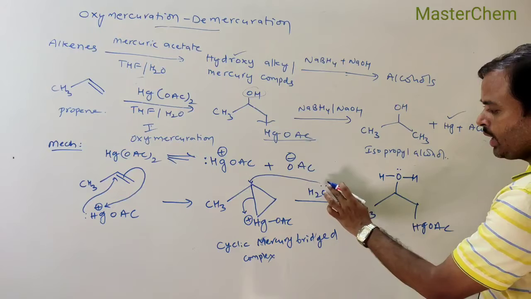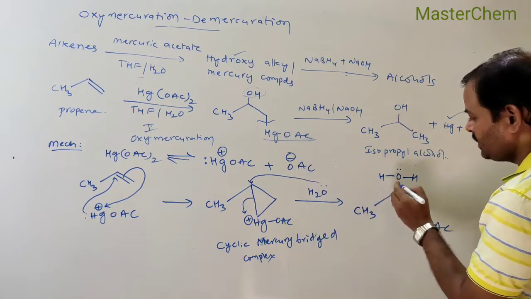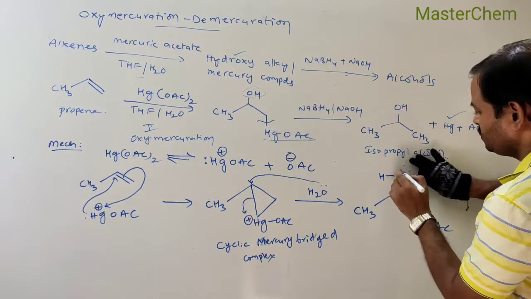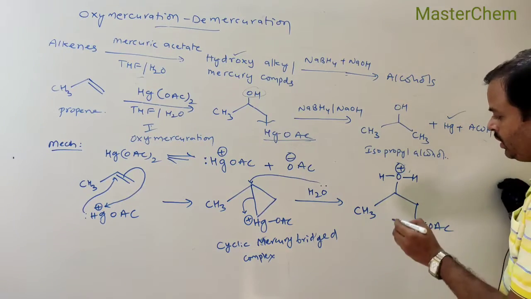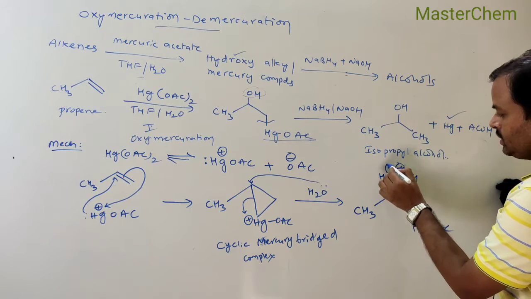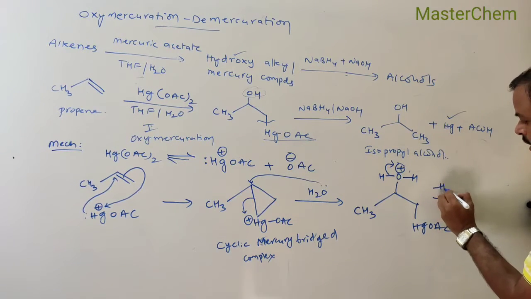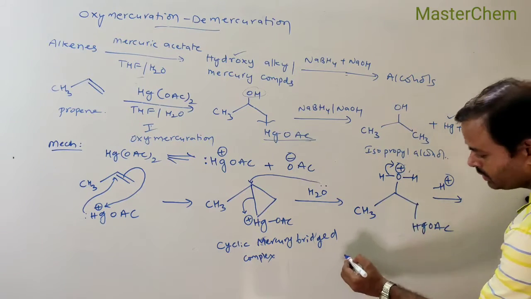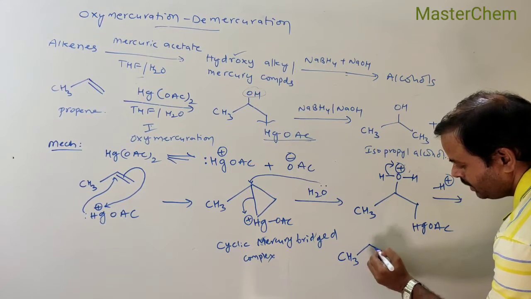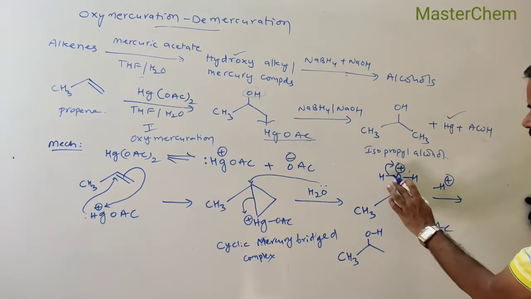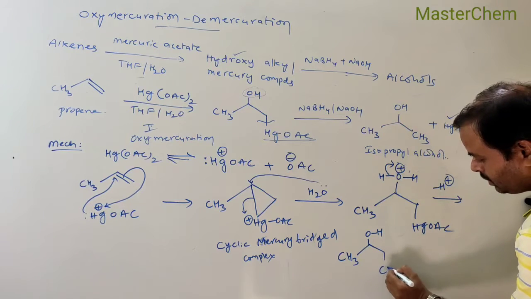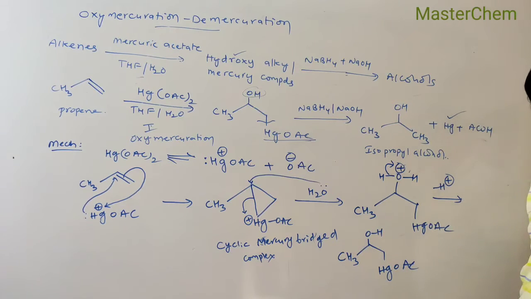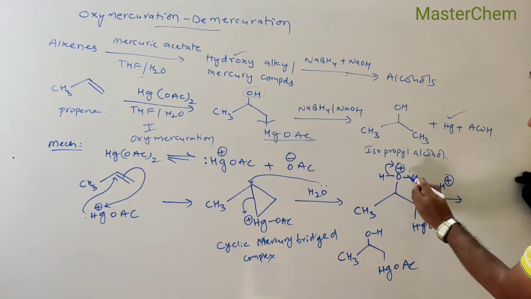Now here OH2. As these electrons are utilized here, oxygen gets a positive charge. To neutralize this positive charge, loss of H plus takes place, which leads to CH3 CHOH CH2 HgOAc.